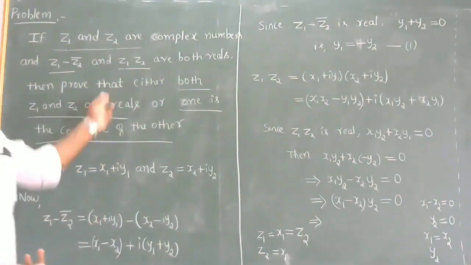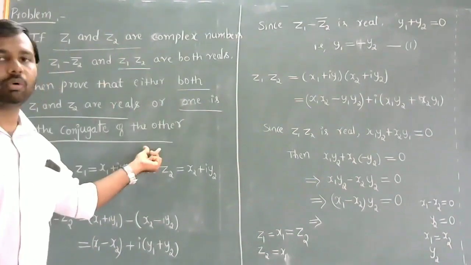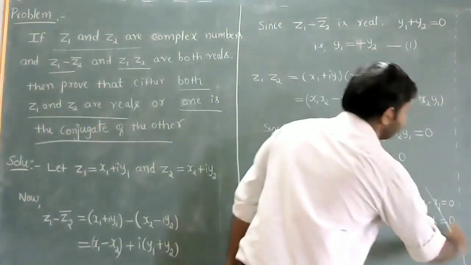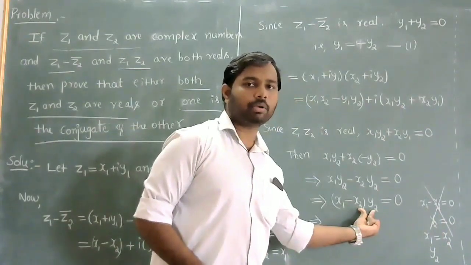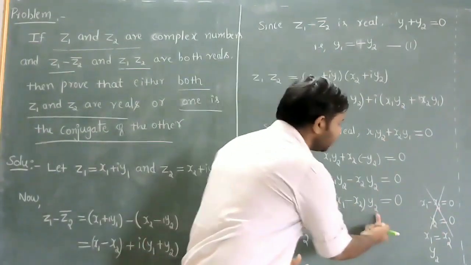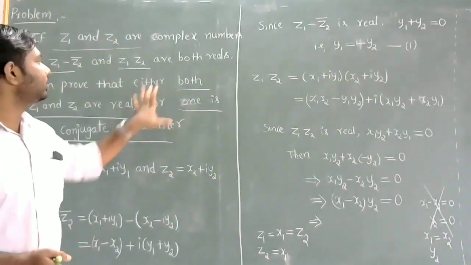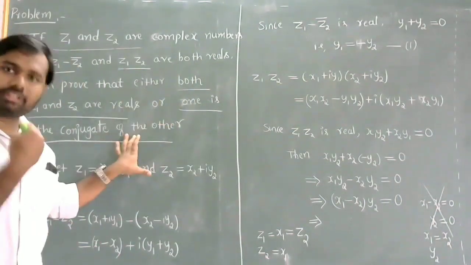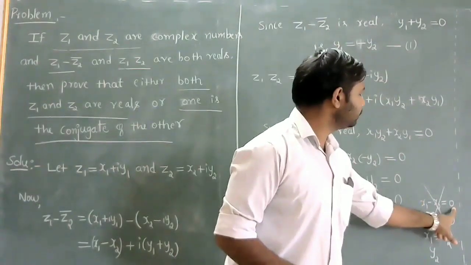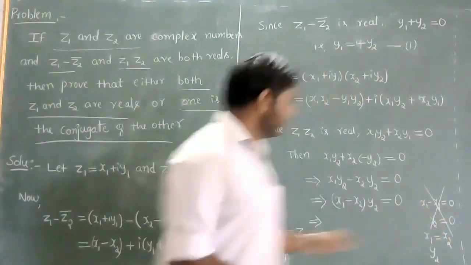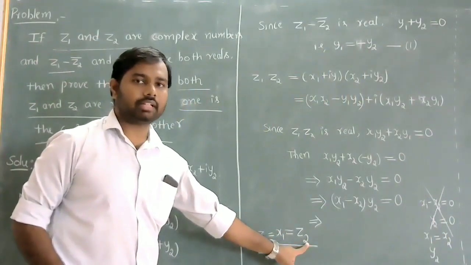In that case, both cases will hold. So we will neglect that case. If both the numbers are equal to 0, then there is nothing to prove here. If both x1 minus x2 is 0 and y2 is 0, then we get Z1 equal to Z2.